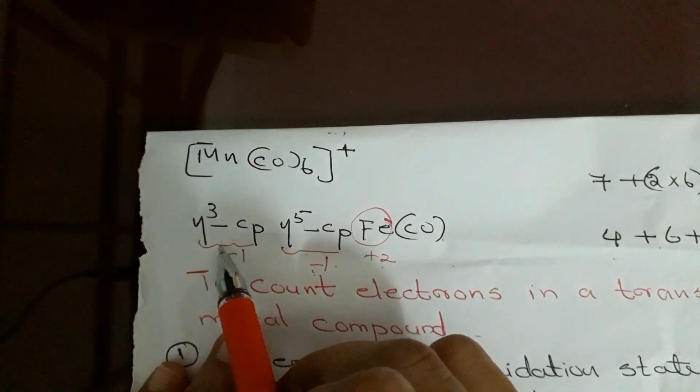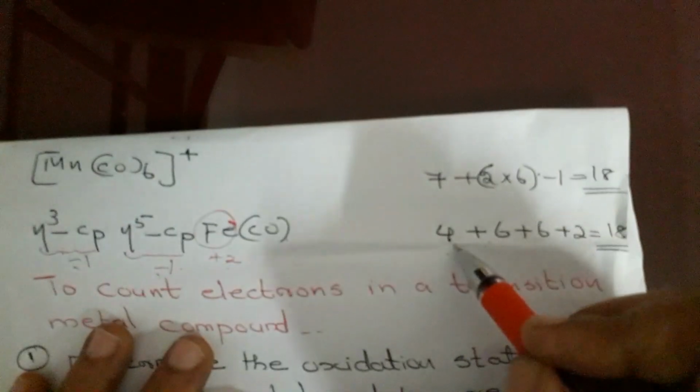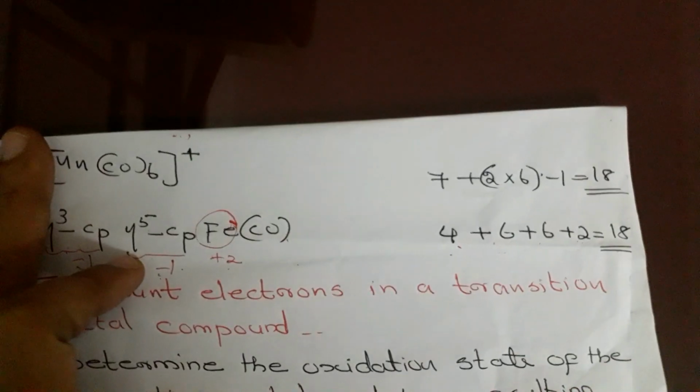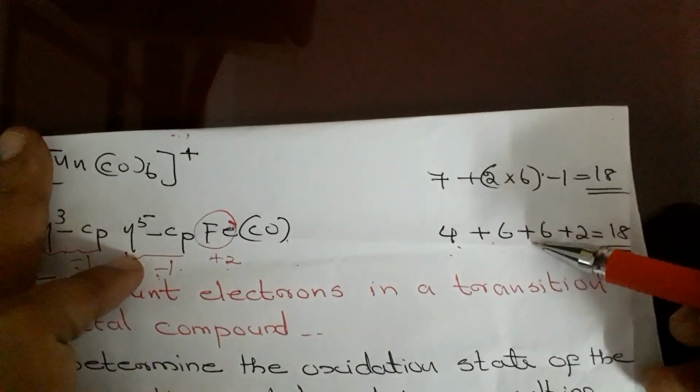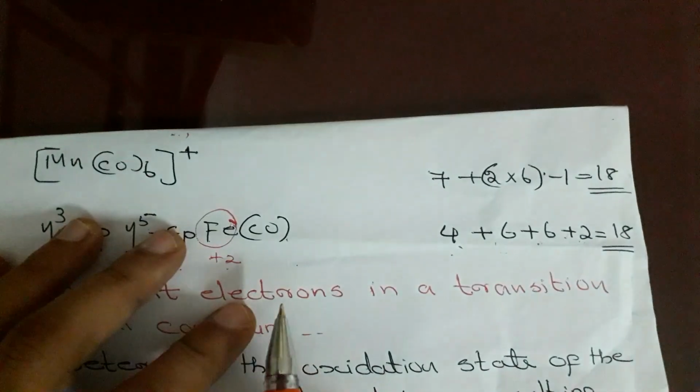Then eta 3 Cp, how many electrons does it contribute? 3 plus 1, 4, plus eta 5, 5 plus 1, 6, then Fe 6, plus CO 2, so it is 18 electrons.